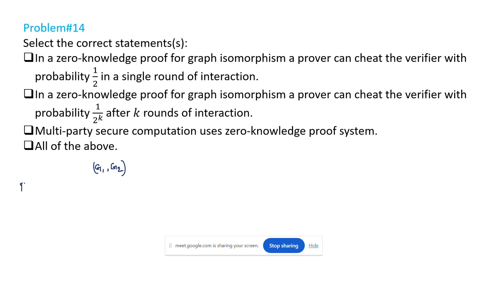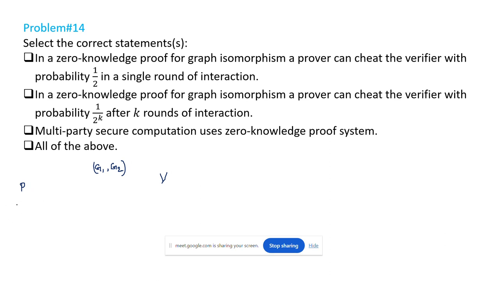Now if the prover has the information of the isomorphism mapping, or the bijection between G1 and G2, mapping the vertices of G1 to vertices of G2, then it will prove to the verifier that these two graphs are indeed isomorphic to each other.